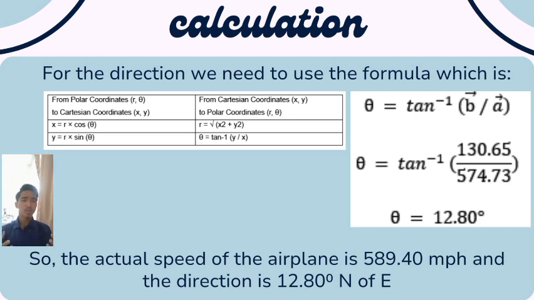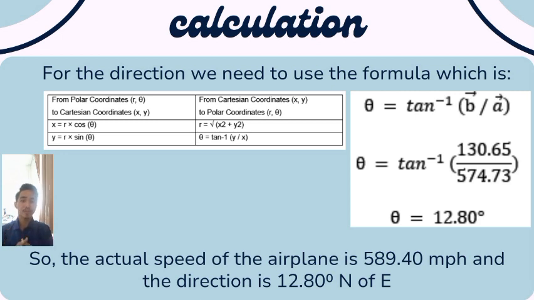So why do we use this formula? It converts from Cartesian coordinates to polar coordinates. In that diagram, the aeroplane and wind are in Cartesian coordinates, and we need to form polar coordinates to find the direction and the speed, the magnitude of the aeroplane.